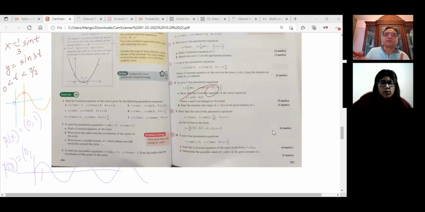So 1, 2, and then 3, right? Within 2 pi, we have 3 waves. Is that okay? But do I do sine 3 pi over 2? No, we'll plug it in later.